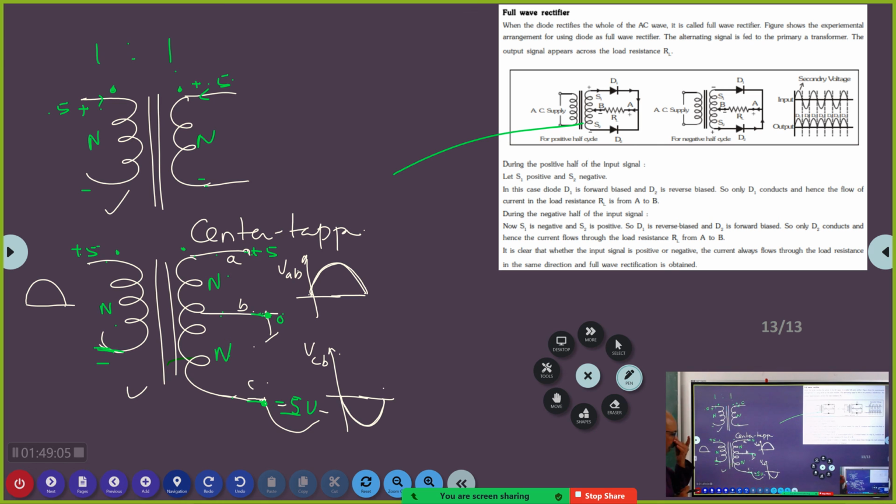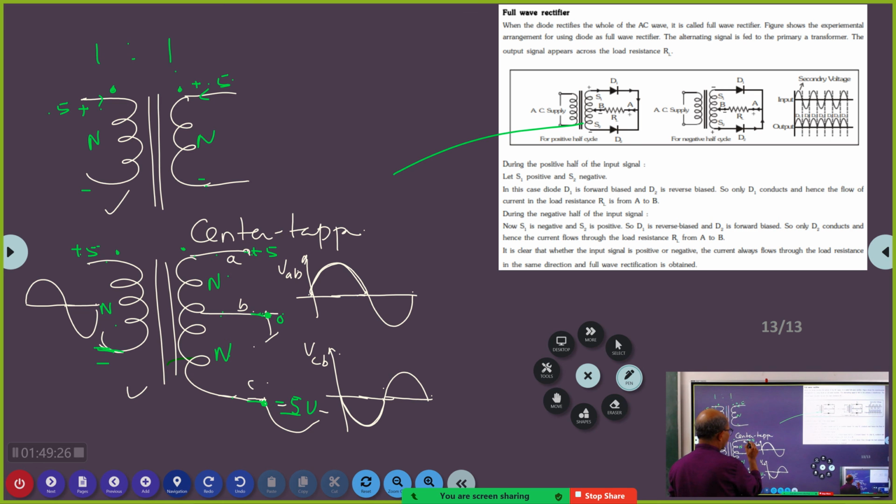It will be like this. Correct? And now if this waveform becomes like this, then this waveform becomes like this. Understood?